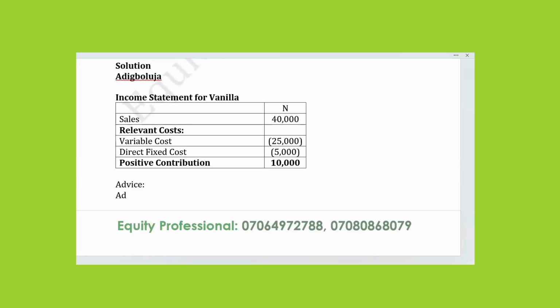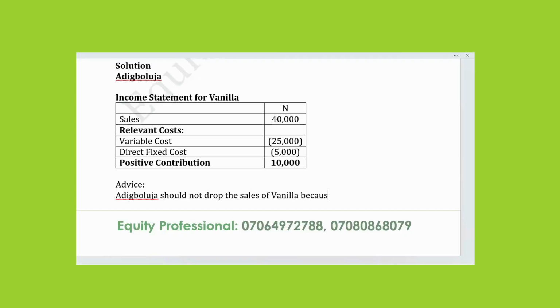We then say, Adigboluja should not drop the sales of vanilla. Why?